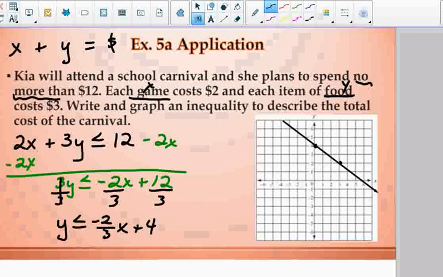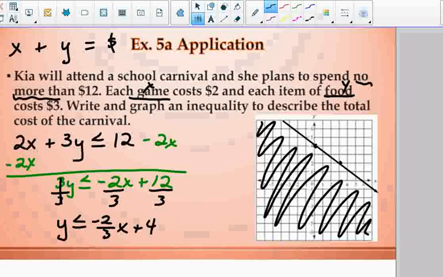Now I just need to shade everything on here. It says it's got to be less than or equal to that line. If it's less than or equal to that line, I know it's below the line here. But if we want to double check that it has to be that side, I can just pick a point. I'll pick my 0, 0 again. I plug that in here.